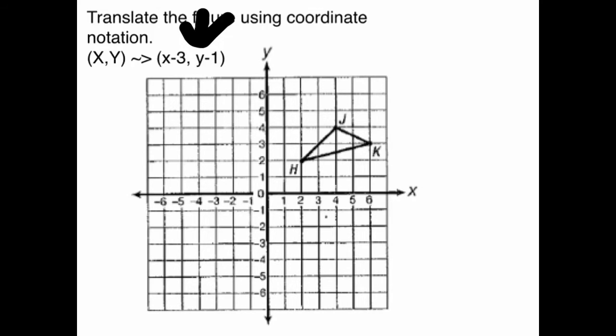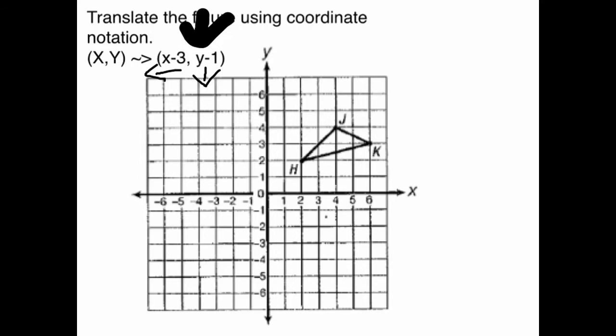So if I know, because of the negative sign, that I'm going to be moving left, I'm going to draw an arrow pointing to the left. And then, because of my negative sign for my y, if I know I'm moving down, I'm going to draw an arrow underneath that. That needs to be done on every single one of your coordinates that you're given, so I know that you know which way you're moving your figure.